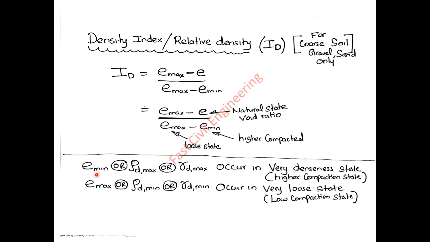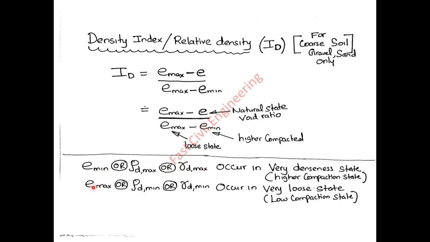Firstly, e minimum means void ratio minimum, that is voids minimum. That means density maximum: with voids minimum, the dry density or bulk density is maximum. Here we consider dry density maximum, or gamma d, the dry unit weight maximum.